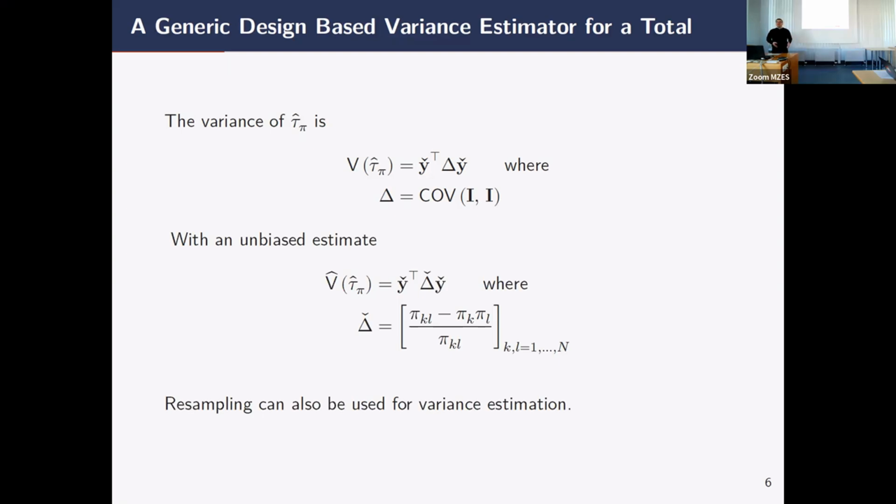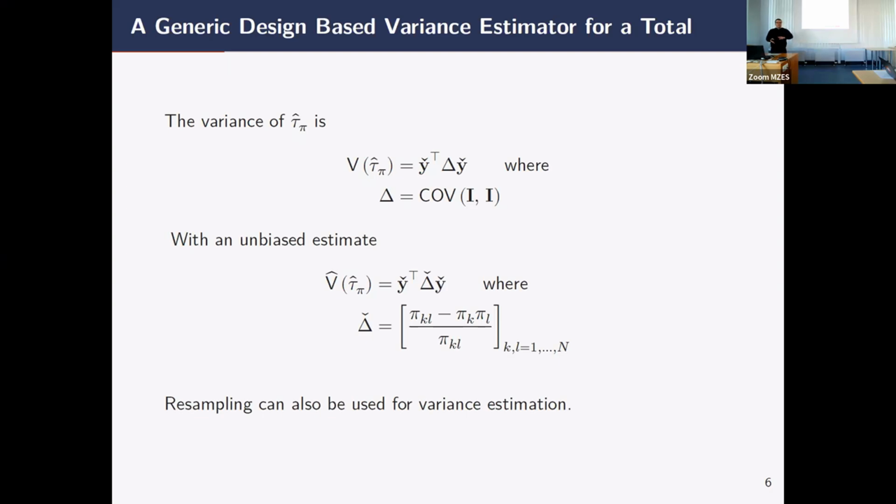How does covariance look? Combined expected values minus the product of the single expected values. And then I'm dividing this by this joint inclusion probability. And then I have here my estimator for the variance of my Horvitz-Thompson estimator. So this is the most generic form.